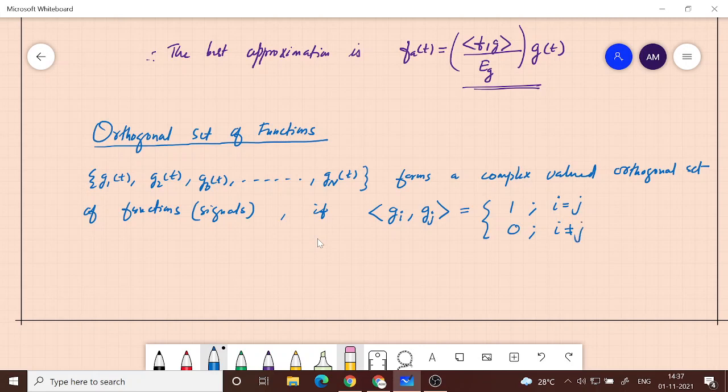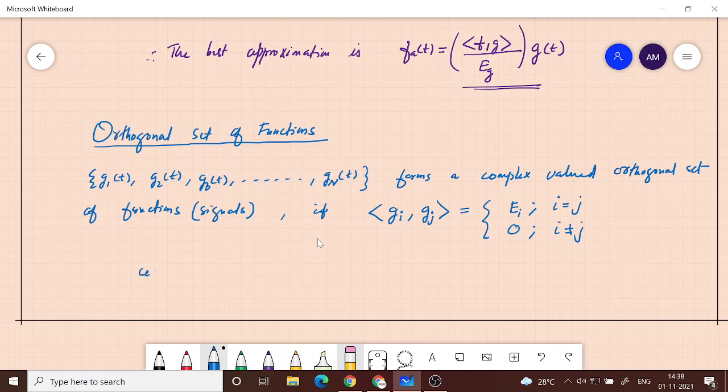Everybody able to understand this? I have n functions or n signals. They form some kind of set. They have a property: if I take the inner product of any two functions from this set, if the functions are the same, I will get the energy of that function, otherwise I get 0.